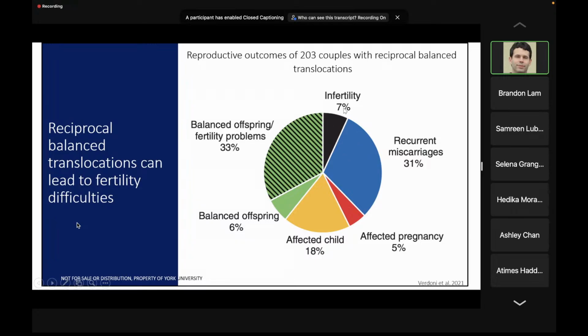You can see here 7% result in infertility, 31% recurrent miscarriages, and so on. They commonly result in imbalance of the gene products, which ultimately leads to infertility.